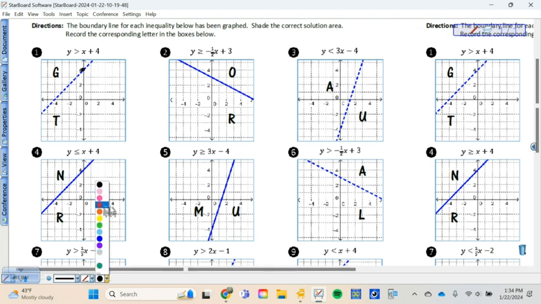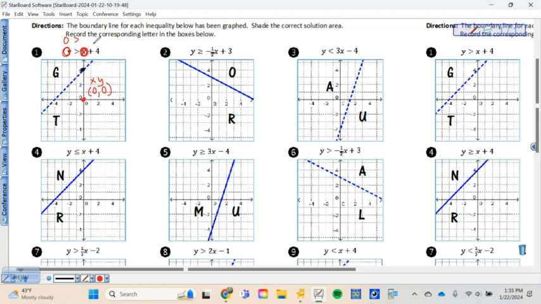What I want to do now is decide, do I shade up here or down here? And what I want you to do to figure it out is to take 0, 0, x and y, and plug in 0, 0. If I plug in 0 for y and 0 for x, I end up with 0 is greater than 0 plus 4.